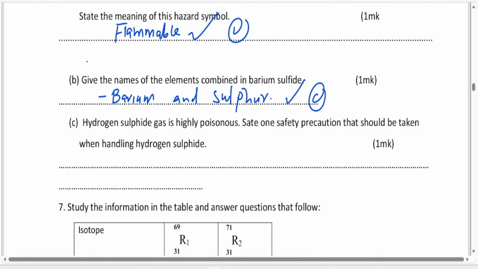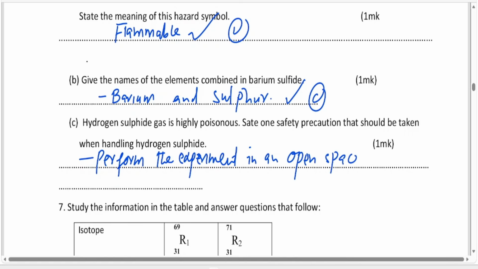One of the precautions, you should perform the experiment in open space or in a cupboard.